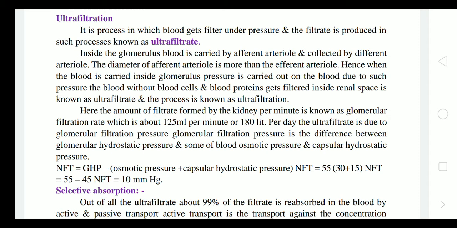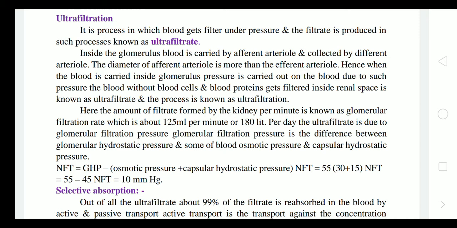It is like increasing the pressure in a pipe by putting a finger on the tip of the pipe, which creates pressure inside the pipe. Like that, the diameter of the afferent arteriole is wide and the efferent arteriole is narrow, which creates pressure inside the glomerulus.